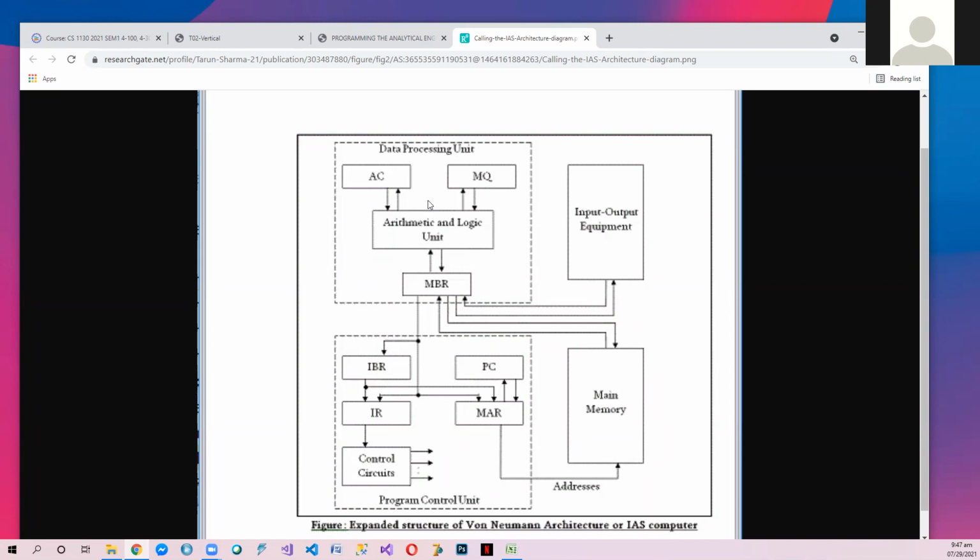So in Von Neumann's design, he split the 2, which means that arithmetic and logic will be done in this unit, and data transfer, you must store and load, will be done by the program control unit. Unlike Charles Babbage's design, where all of this is done by the mill. This time he split the functions into 2. Arithmetic is done by the ALU, arithmetic logic unit, and data transfer is done by the program control unit.